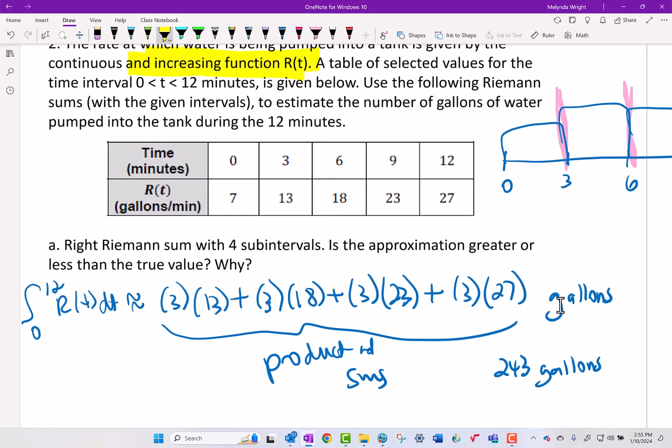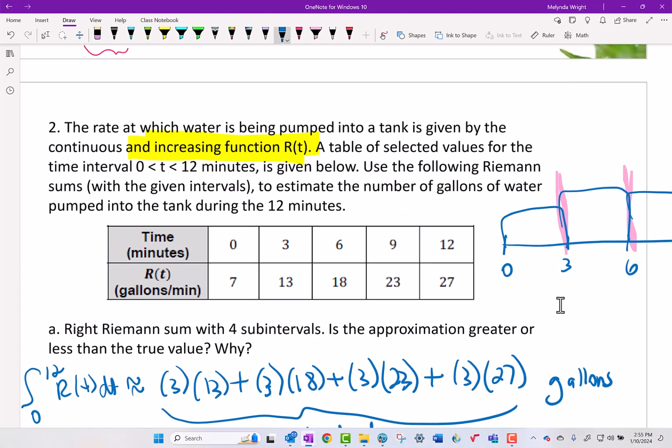Okay, think about that for a second. If it's a right Riemann sum and an increasing function, am I going to have an over or underestimate? In other words, is my approximation going to be greater or less? So let's think about that. We've got increasing. We're using the right ones. Do we see what that would be? You don't have to memorize it. You could just write it out. It would be an overestimate, right?